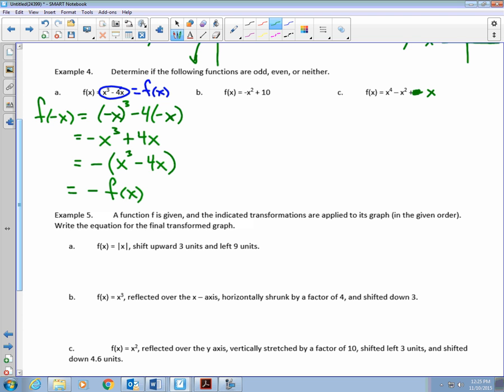Great, got it. Okay, f of x is equal to negative x squared plus 10. You tell me, is it even, odd, or neither? Are you confident about that? You sure it's not neither? Why? Squared, but what about the 10? Why is it even? 10 is even, but what's the power on 10? 1 is odd.